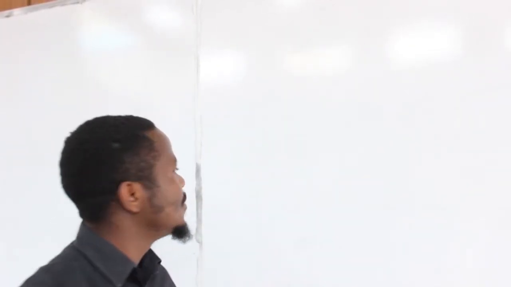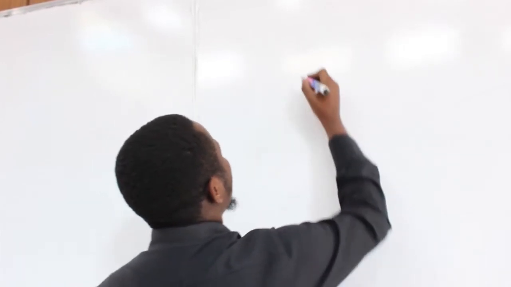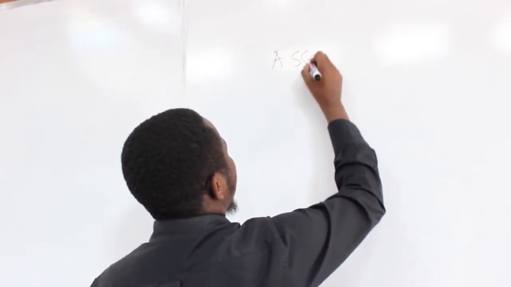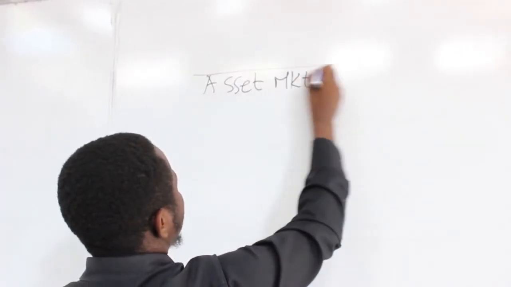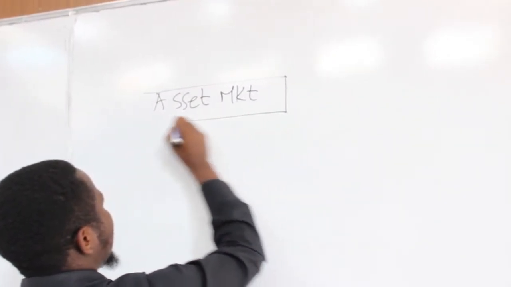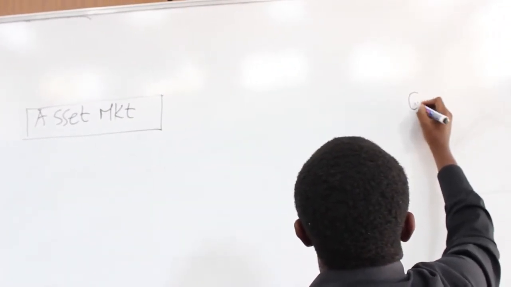So assume we have two markets in the economy. On one hand we have the asset markets, and on the other hand we have the goods markets, the real sector.